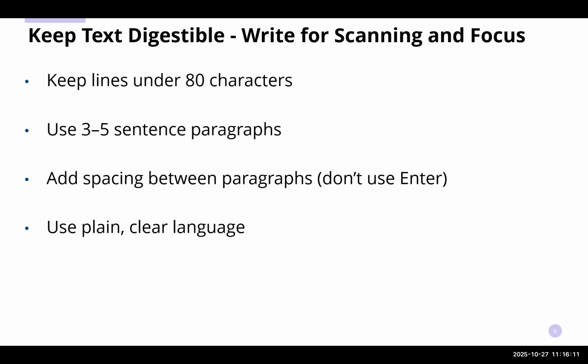That is why keeping your paragraphs short, around 3 to 5 sentences, makes a big difference, especially for students who use assistive tools or anyone who processes information a little differently. Make sure to add some spacing between paragraphs so that the page feels open and easy to follow.